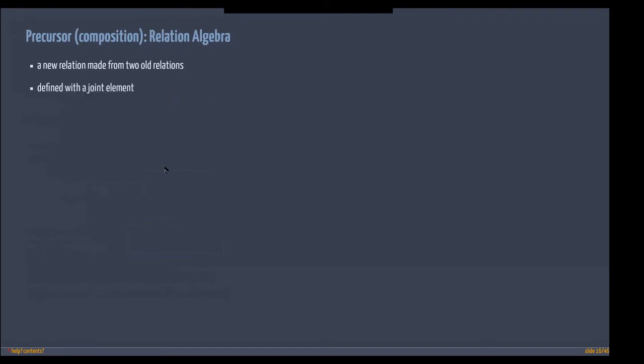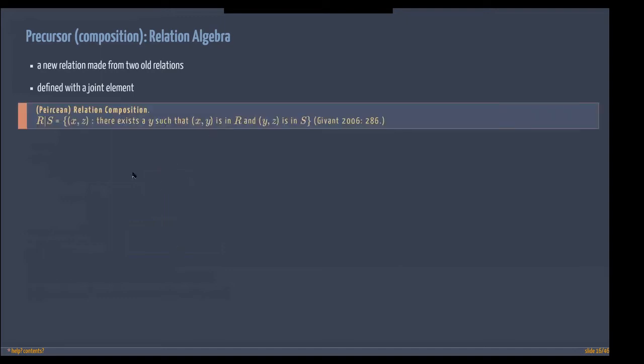What I find so interesting about it is that it is defined with the joint element. So here's how one would define the Peircean relation composition. You get xz, just in case there exists a y, such that xy is an R and yz is an S.